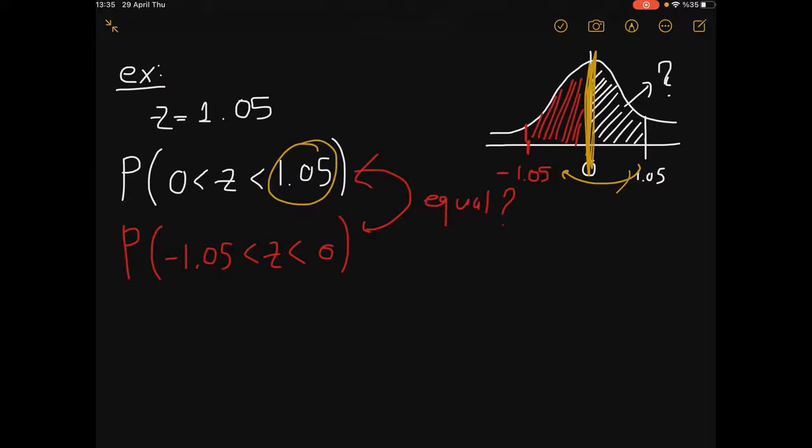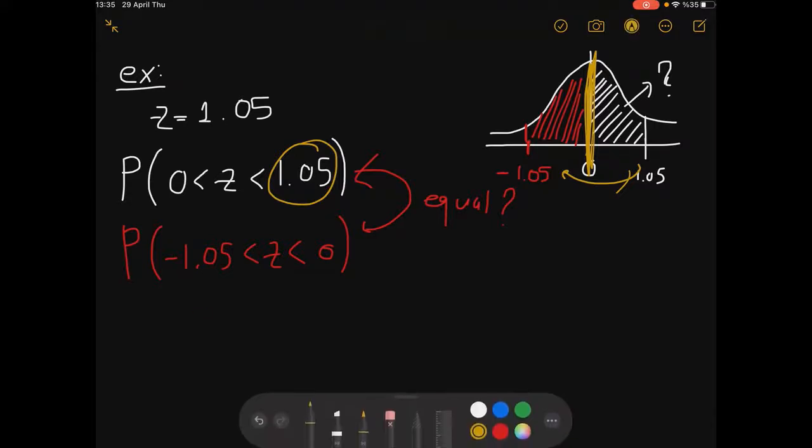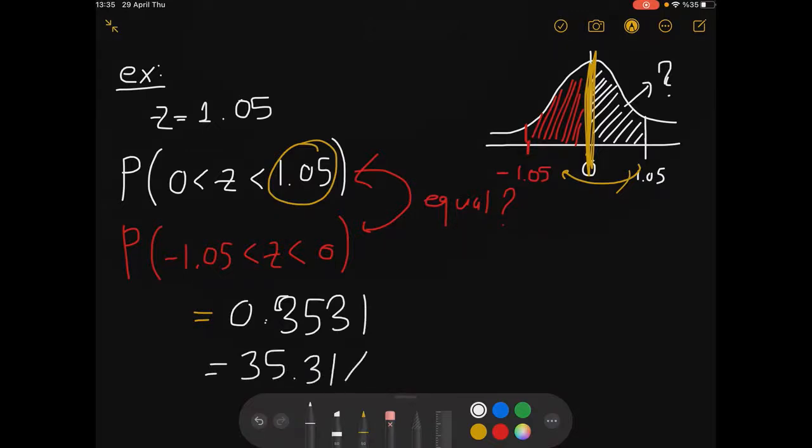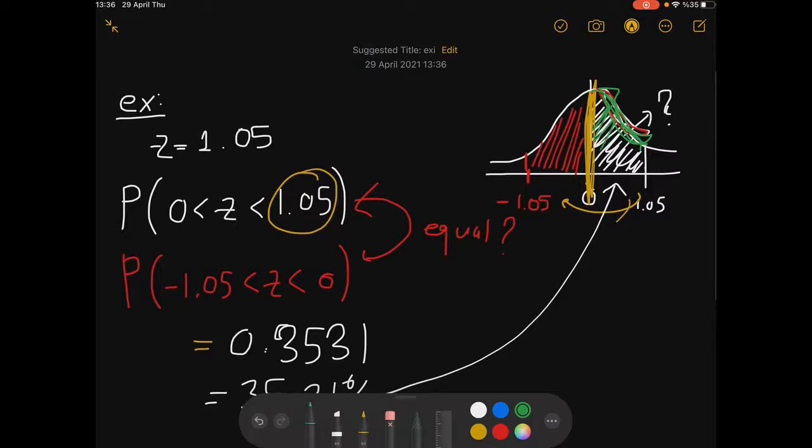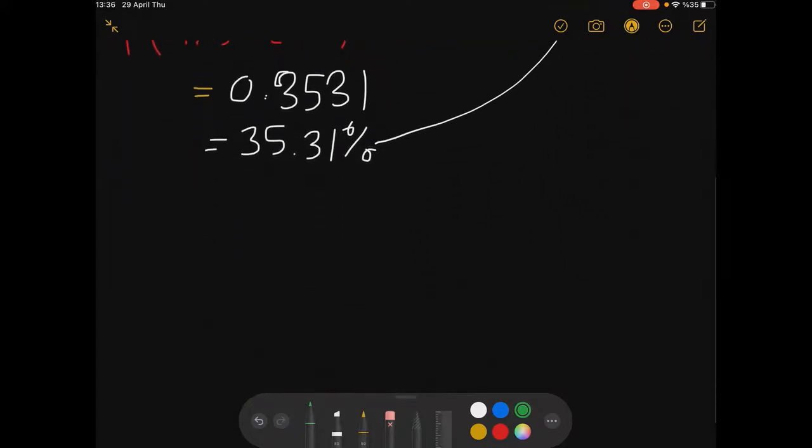So it means that my probability equals 0.3531. Like, 35.31% is the area under this particular curve, right? Under this curve is like this. All right.